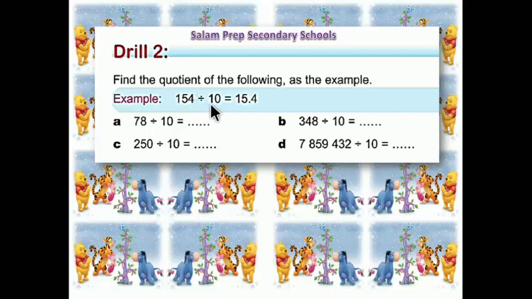Okay? 10 has 1 zero, so the decimal point will move to the left only one step. The quotient will be 15.4. You can solve these problems as we did in our example.